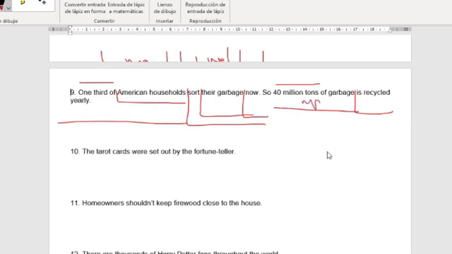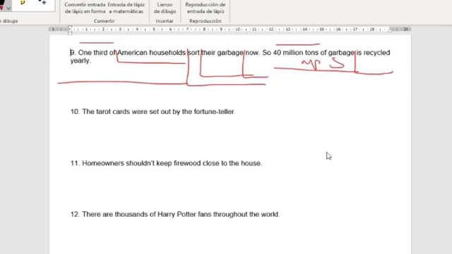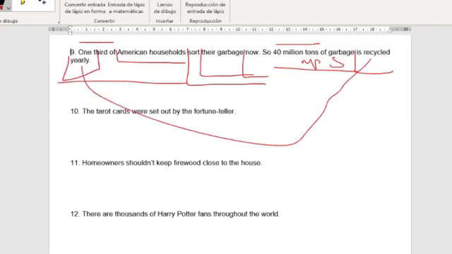And then yearly, yearly is another adverb, which is part of the VP. It stands in the same hierarchy as now in the first sentence, garbage now, the same way. Okay, yearly will go somewhere like here. Yearly.